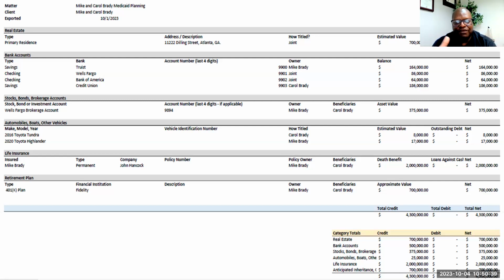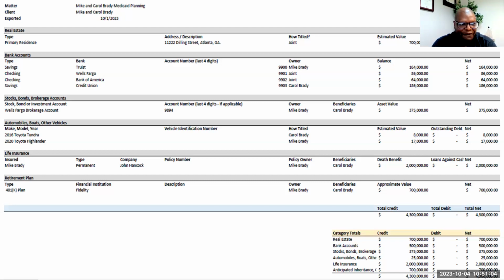Brokerage account, it's in Mike's name alone. Carol Brady's the beneficiary. So in our first example, that would pass outside the probate estate, but when you're in Medicaid planning, that's going to be Mike Brady's asset. Cars, automobiles, two of them, one in each name. Life insurance, Mike Brady has a life insurance for a couple of million.